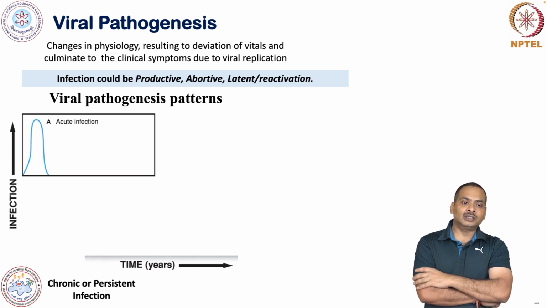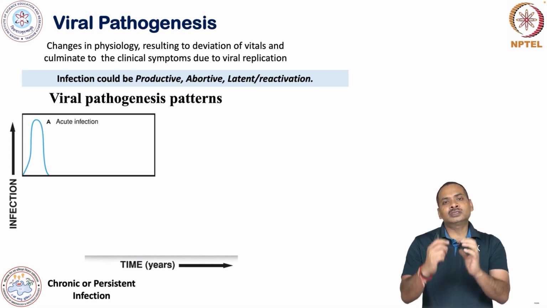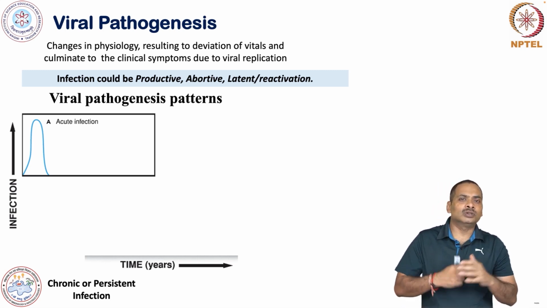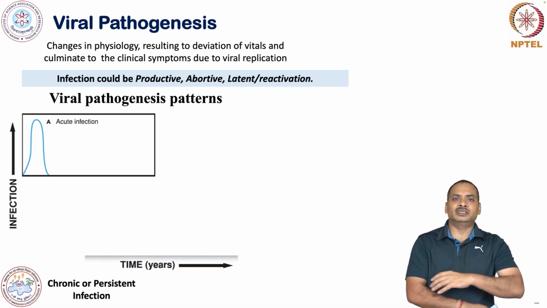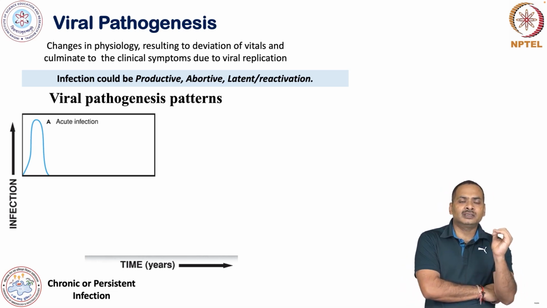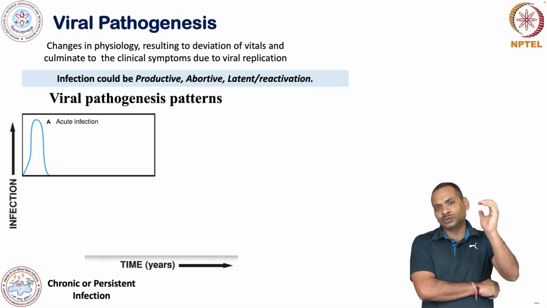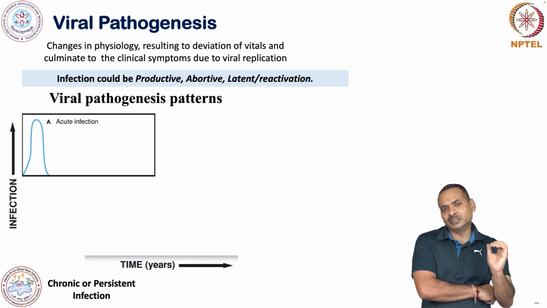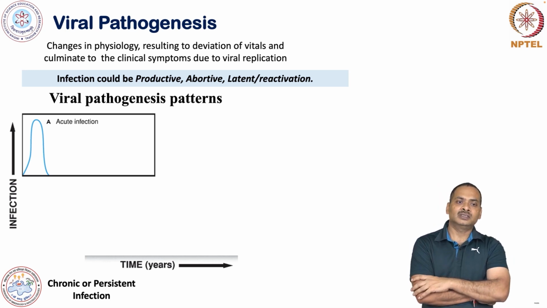There is a similar term known as chronic or persistent infection. Here the host immune system also learns how to control this virus to some extent, and there will be virus in the cell, but not so much that it will drastically affect the vitals or vital signatures.